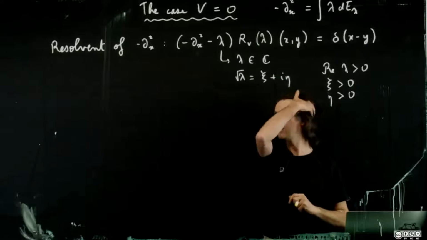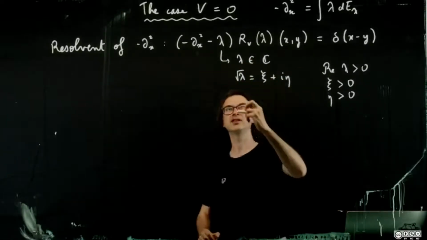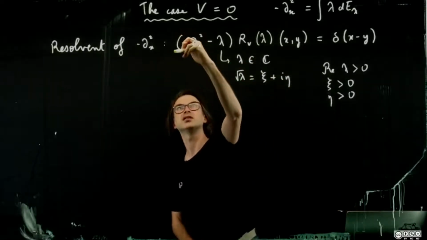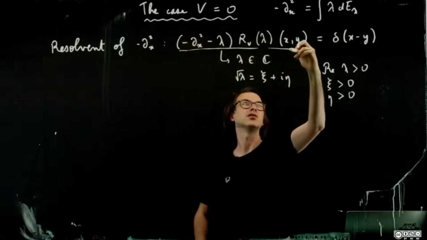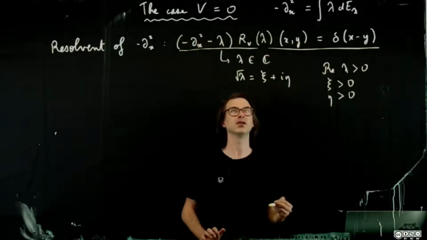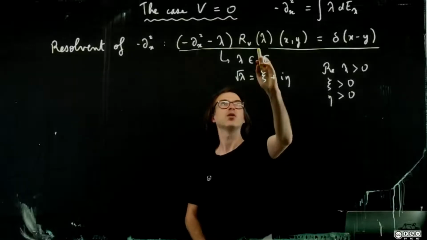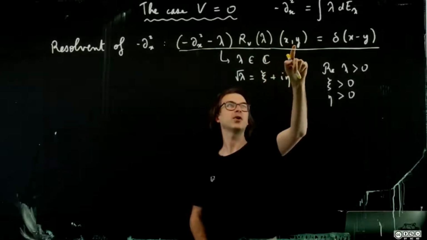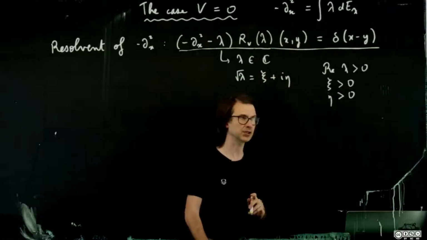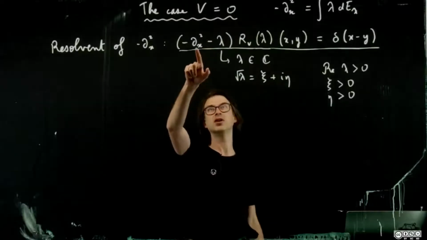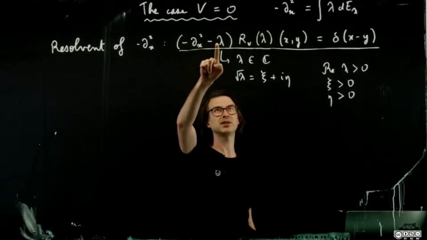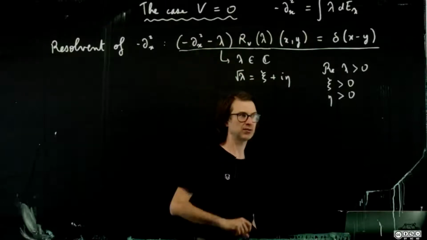Okay, so it's very easy to solve this equation, because if x and y are different, then we're just looking at a solution of minus dx squared minus lambda applied to a function equals 0.